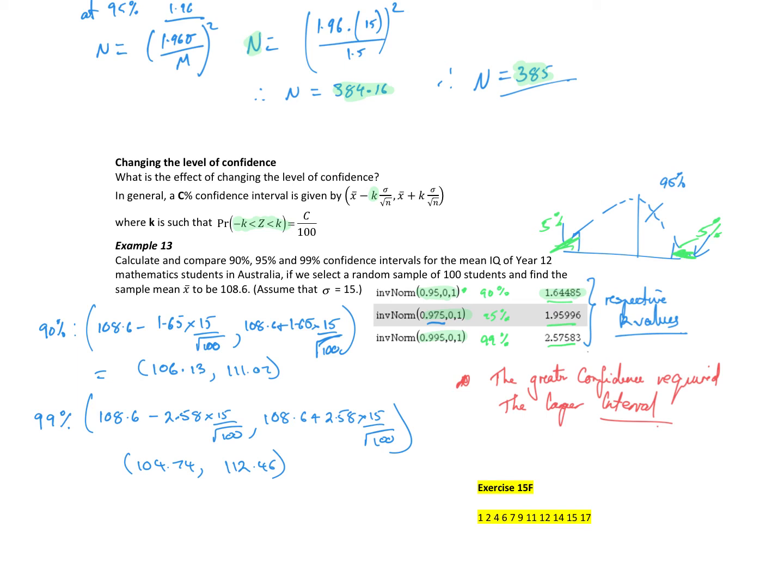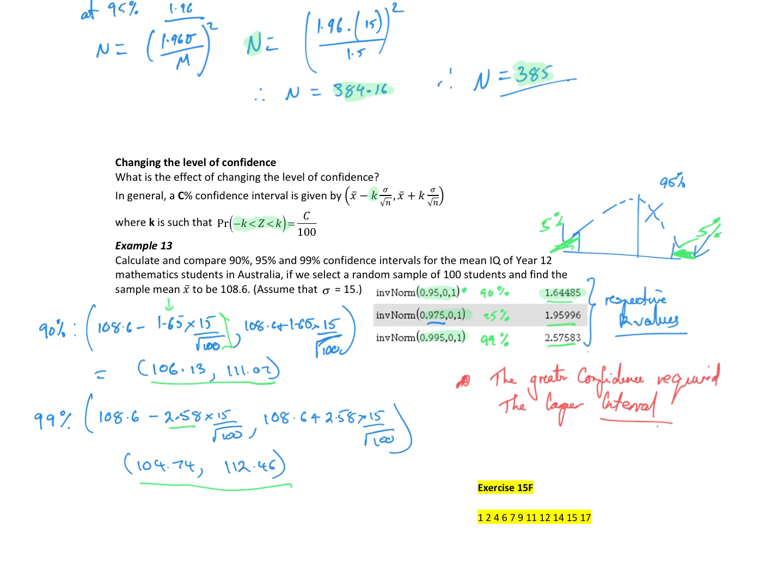So if we want to get a 90, 95, and 99 and compare them, 1.65 times the standard deviation gives me that value there. So that's my 90% confidence interval. 2.58 times the standard deviation gives me a 99% confidence interval, and we had our 95% confidence interval previously.